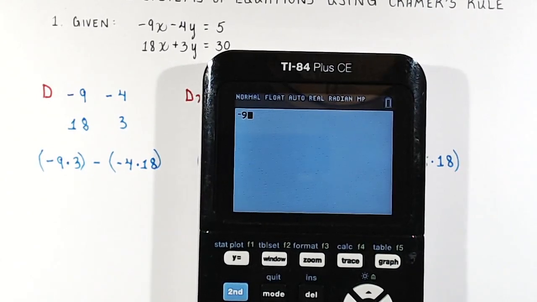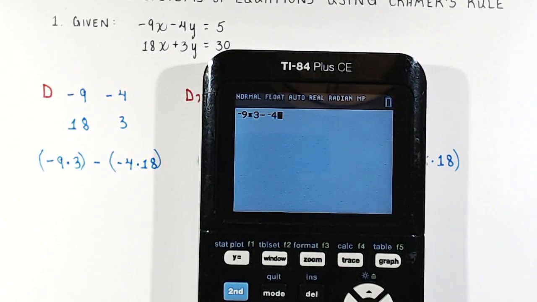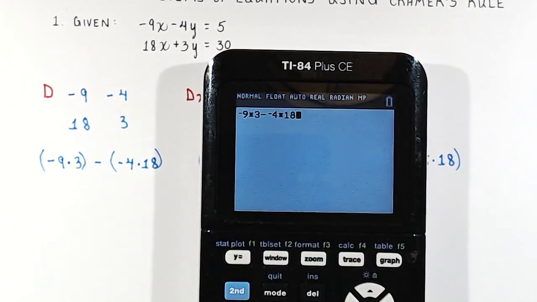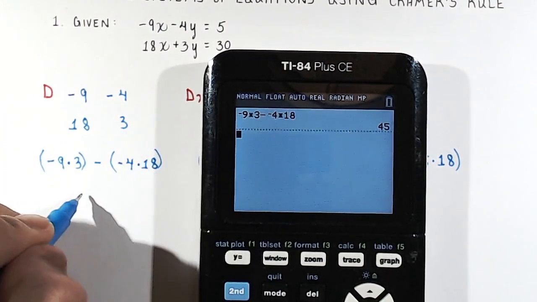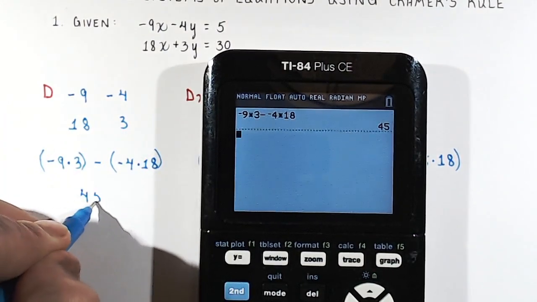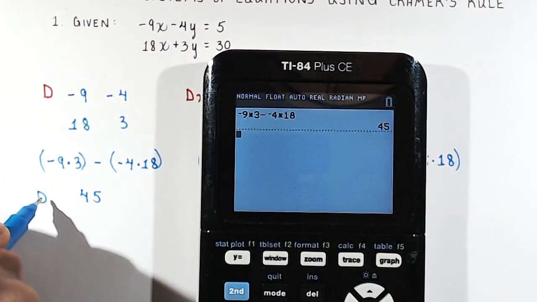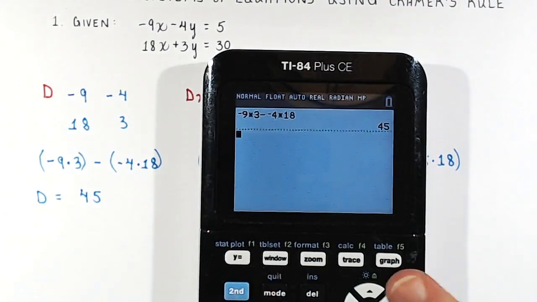That's -9 times 3 minus -4 times 18. That gives us 45. So D equals 45.